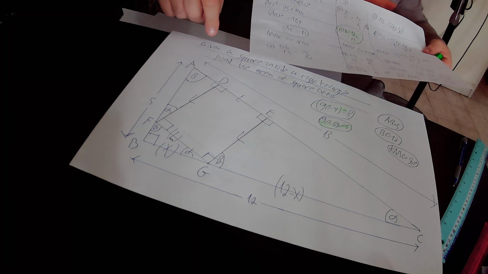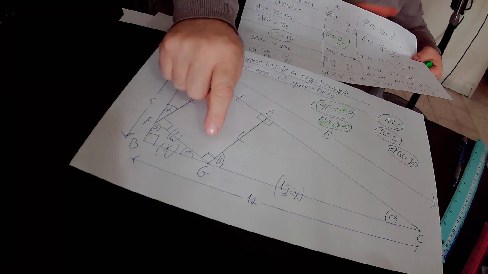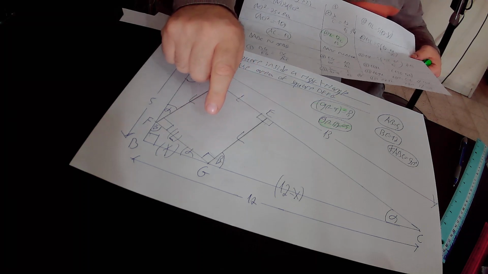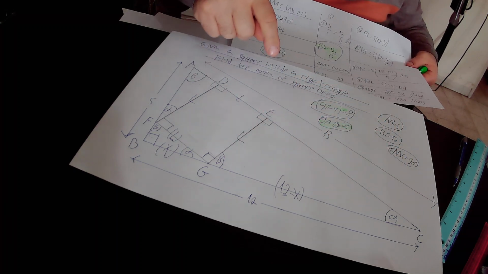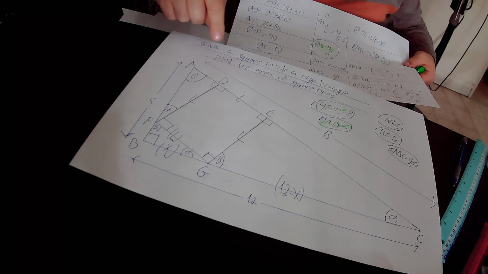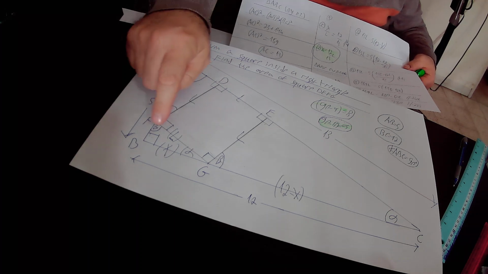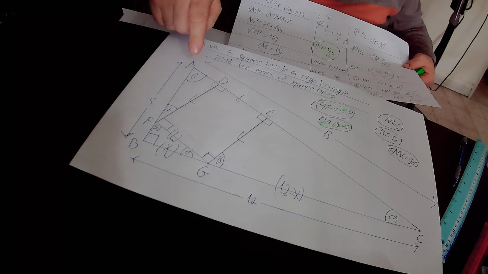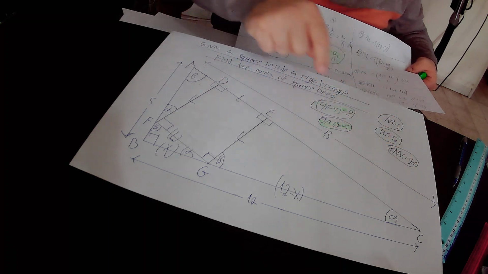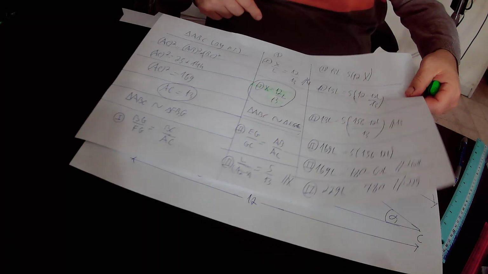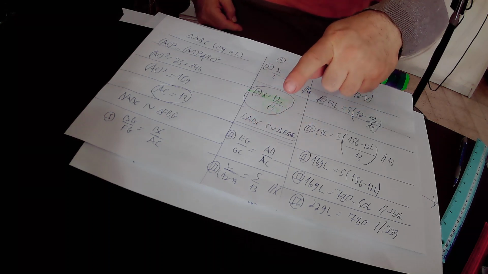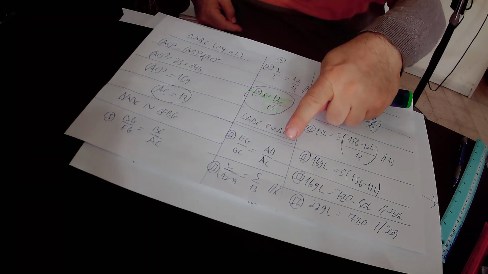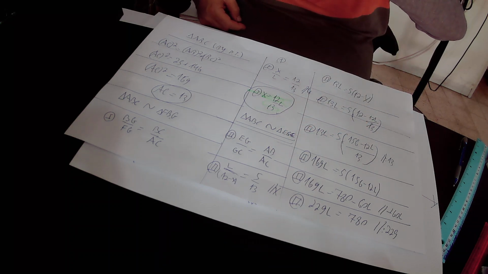Side EG over side GC in the right triangle EGC is equal to side AB over side AC in the right triangle ABC. I repeat again. EG over GC in the right triangle EGC equals AB over AC in the right triangle ABC.